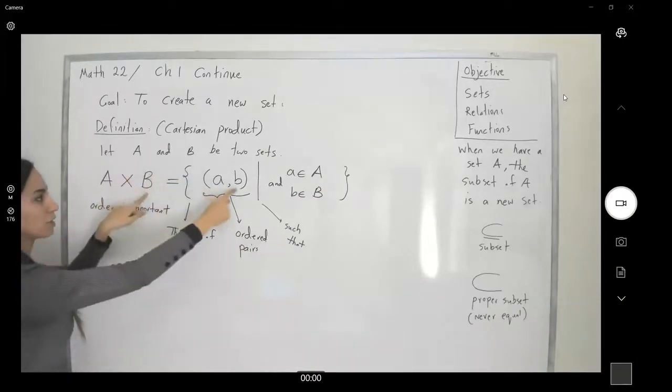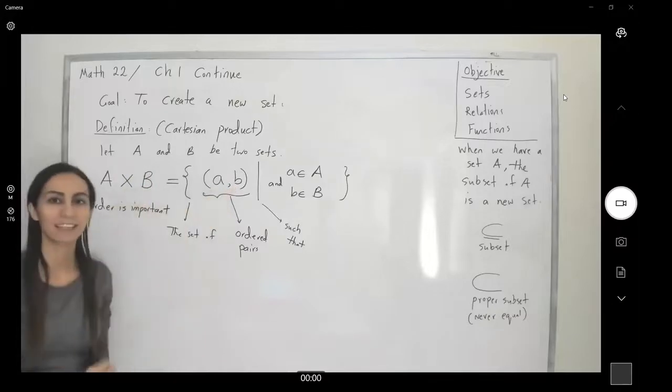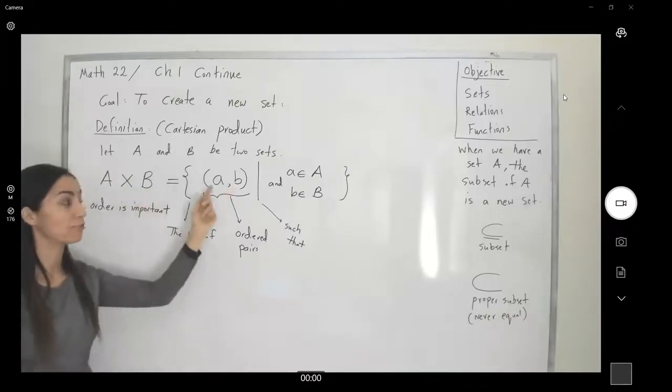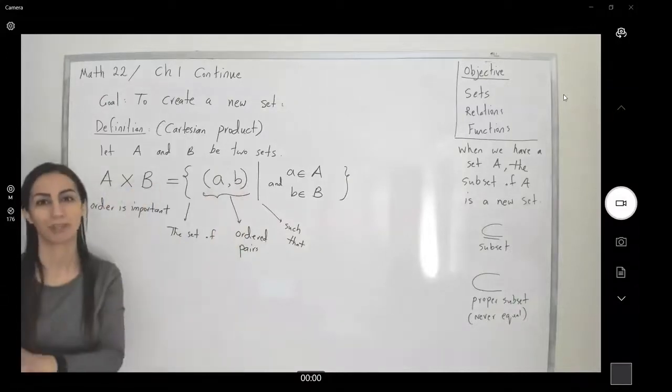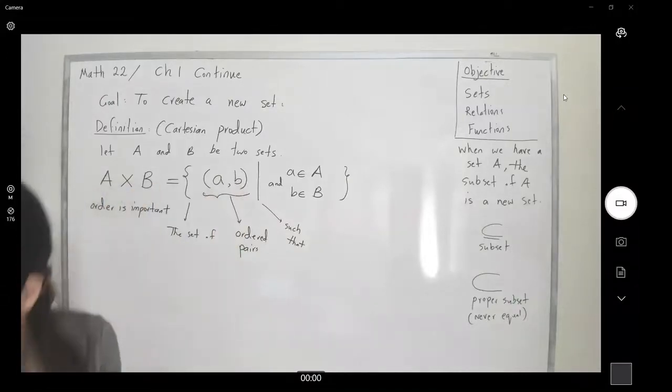The second coordinate belongs to the second set. So since you have first coordinate, second coordinate, order is important for us.